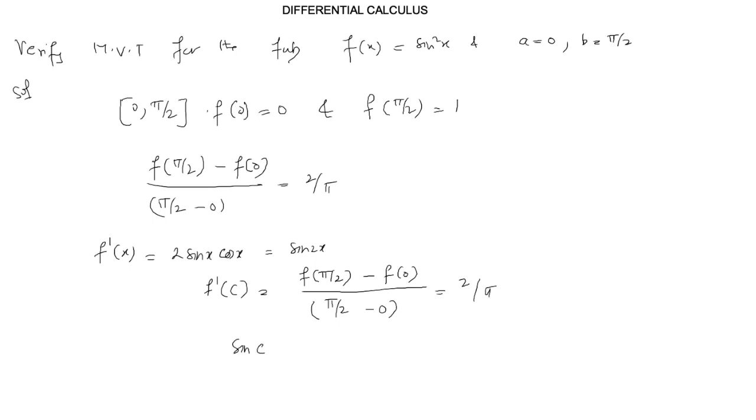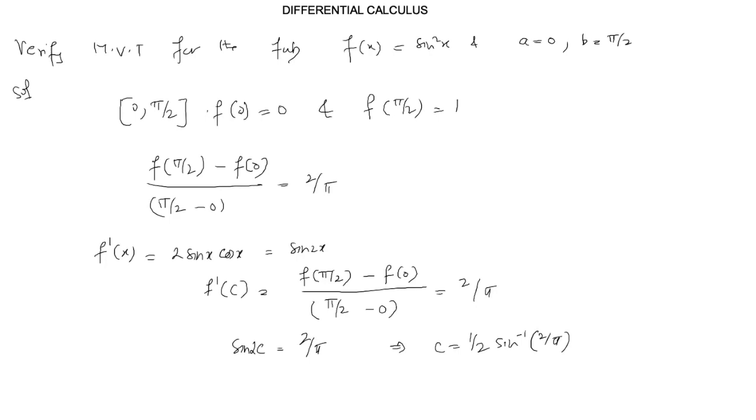Now we got sine 2c is equal to 2 by pi, right? And this implies c is 1 by 2 sine inverse 2 by pi.